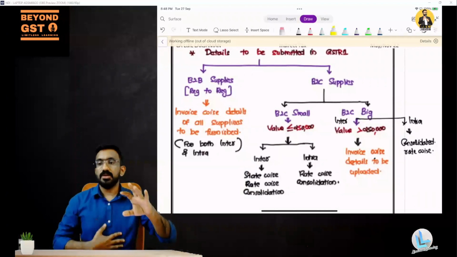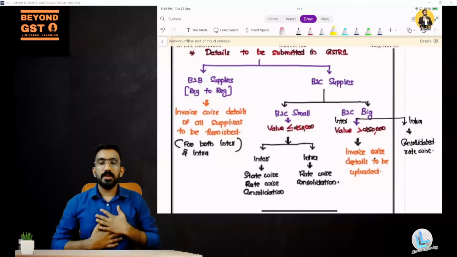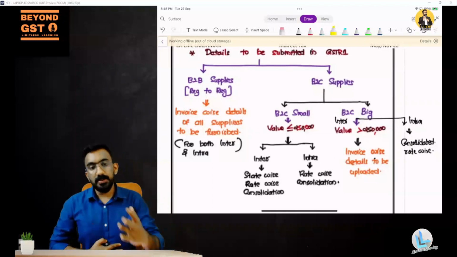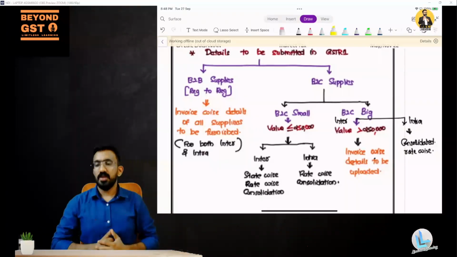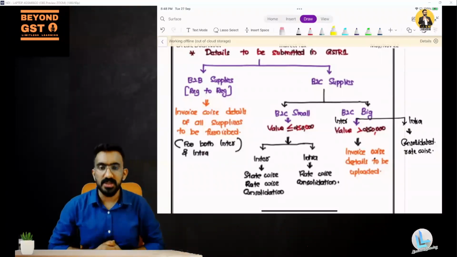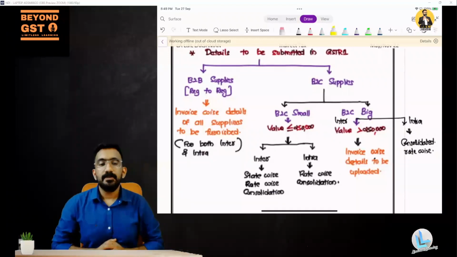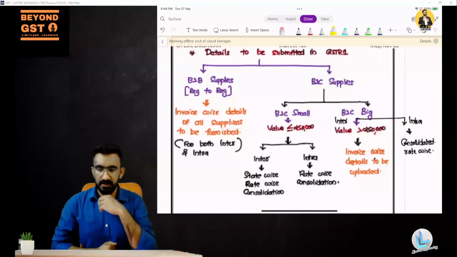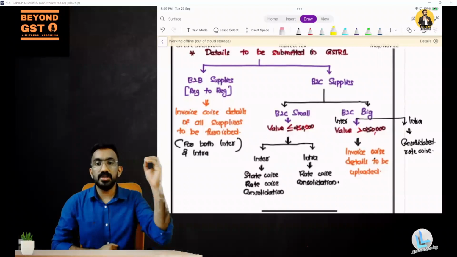Now here, the government has a risk. I might be paying a lesser amount and you might be taking extra credit. How will the government cross-check this? For this purpose, the government is using a return called GSTR1. When I am making supply to a registered person, the government is asking, give me the invoice details uploaded in GSTR1.